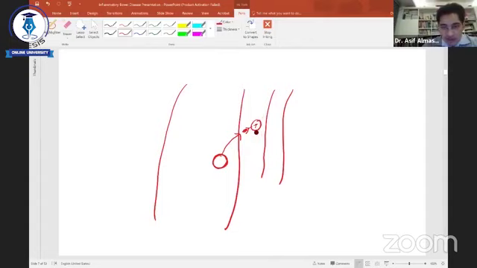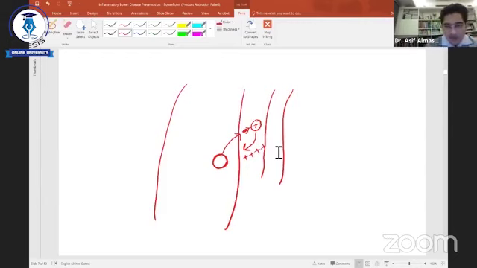Now, this T cell will produce some reaction, usually an immune reaction against this foreign body, right? But sometimes it produces a very severe immune reaction which cannot be controlled.